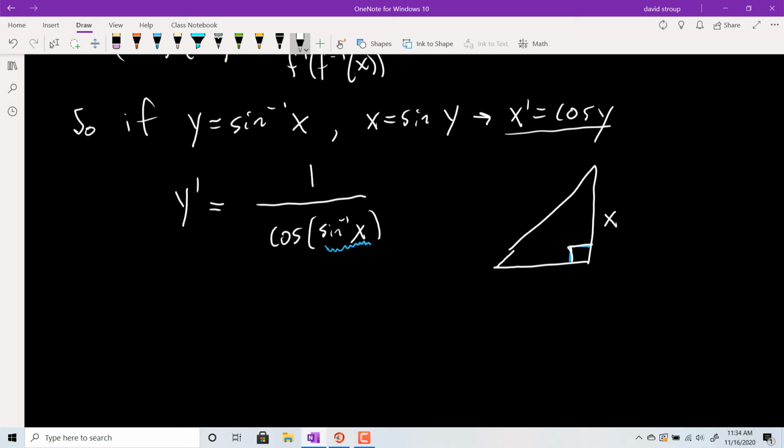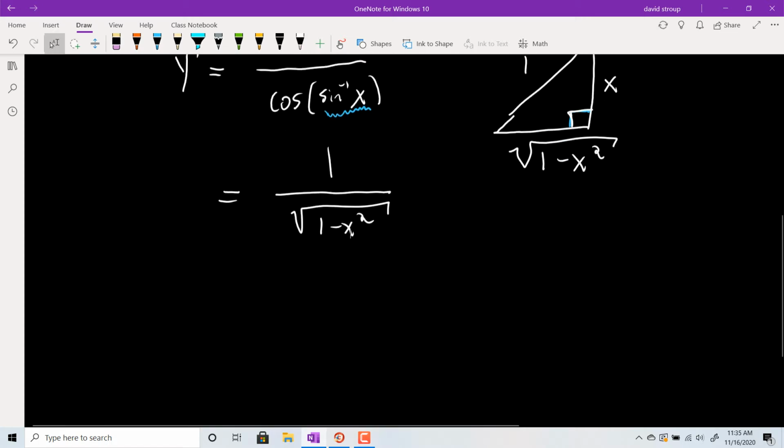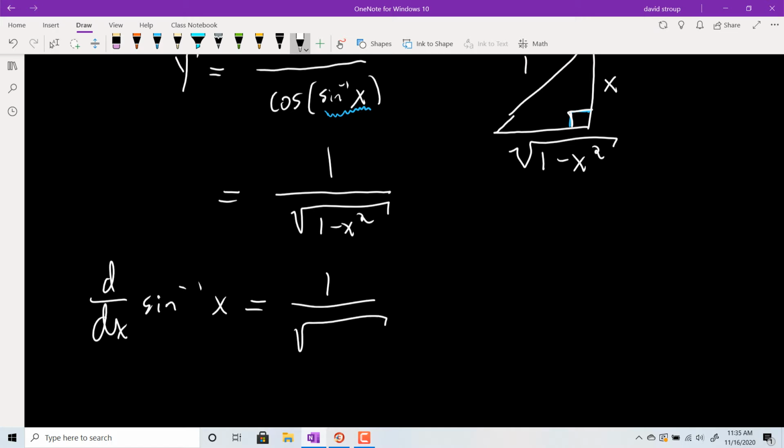And then the third side, from the Pythagorean theorem, you could solve for that as just square root of 1 minus x squared. So the cosine of that angle is going to be adjacent over hypotenuse, which is going to be square root of 1 minus x squared. So in particular, if you have sine inverse of x, its derivative will be 1 all over the square root of 1 minus x squared.